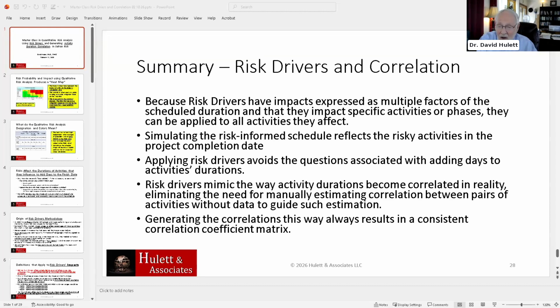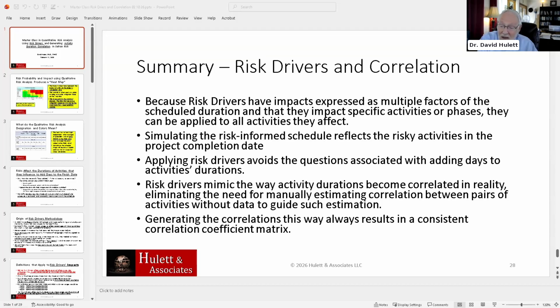You can apply risks to all the activities affected, and the side benefit is that they become correlated, and they always develop correlation coefficients that mimic the way correlation is generated in reality.